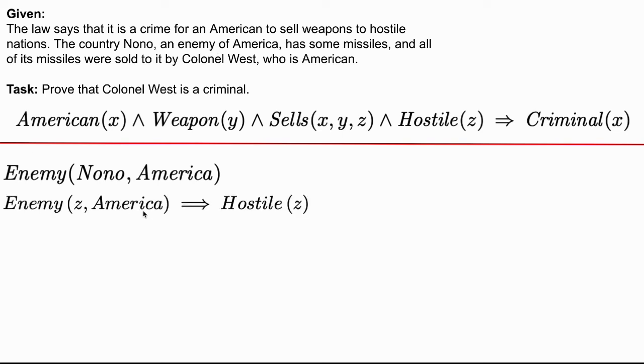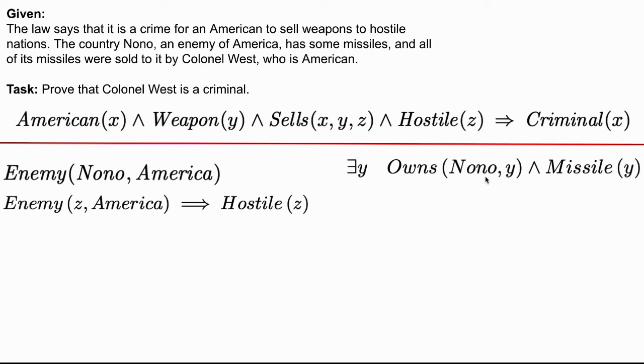So we have to make a conjecture that if Z is an enemy of America, then I can infer that Z must also be hostile. Now because Enemy(Nono, America) is true, and I'm making this assumption, I can infer that Nono is a hostile country. So the first condition of this statement has now been found to be true.